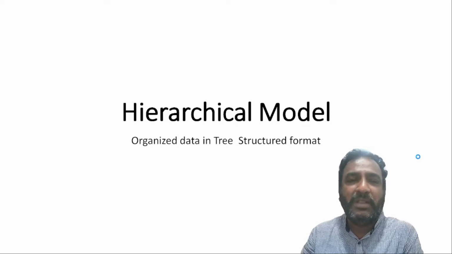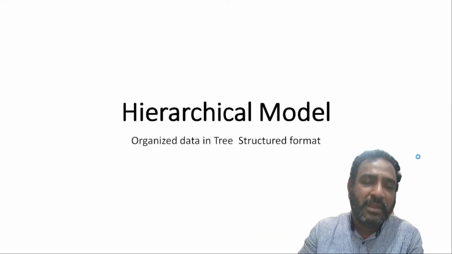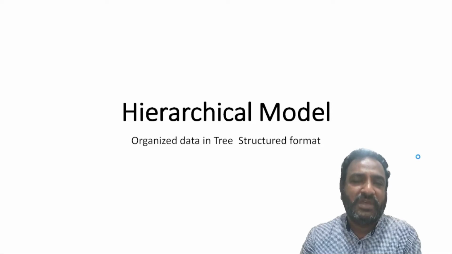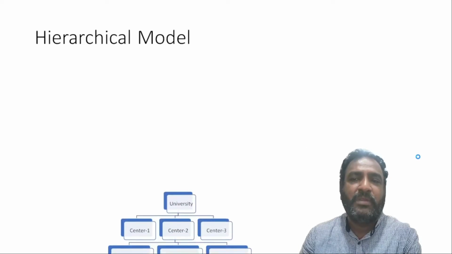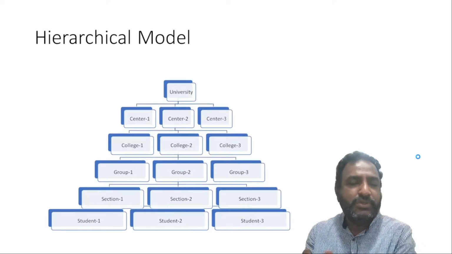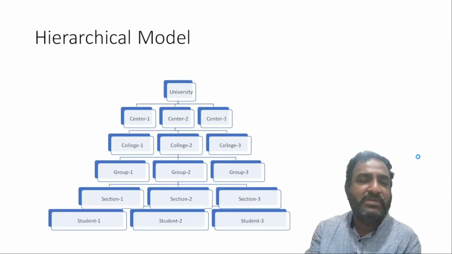I want to maintain student information in a particular style, so let's see how the data is organized in case of a hierarchical model. The topmost root node is a university, and the next one is the different centers. Centers in the sense of locations which are affiliated to a particular university.